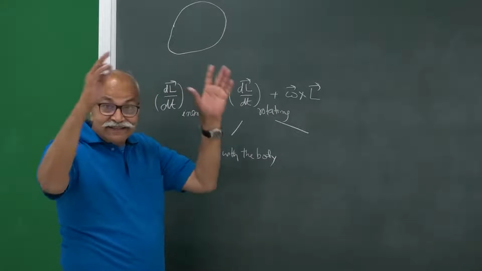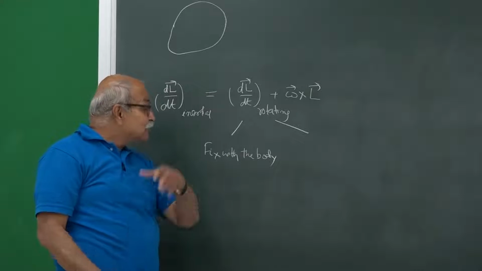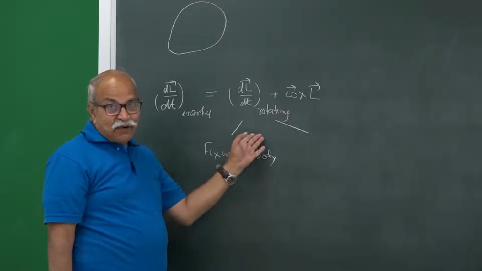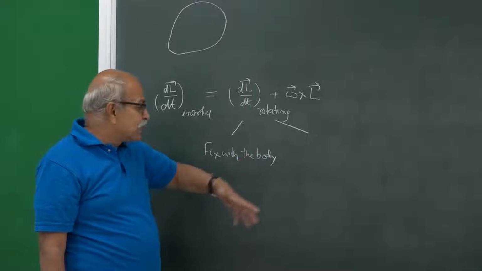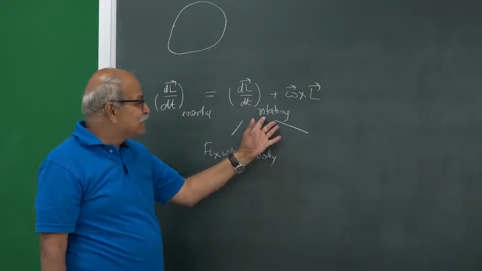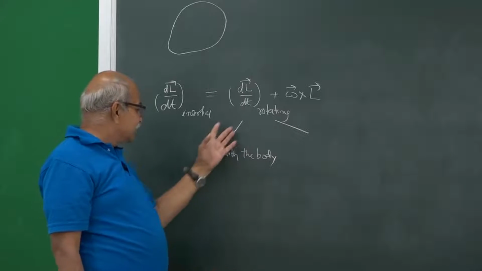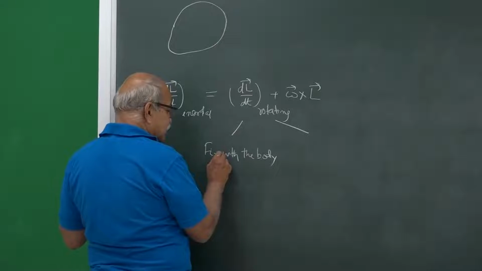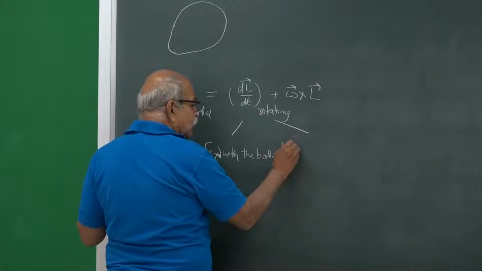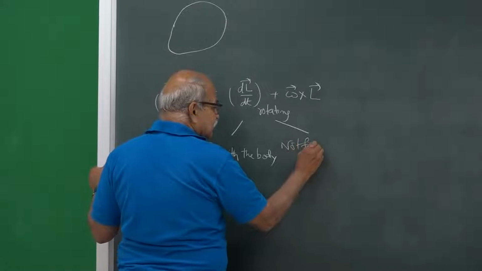They are not fixed in the inertial frame and they are also not fixed in the body. That is also possible, and sometimes that is more useful and easier. So, we will be using this: fixed with the body and not fixed with the body.